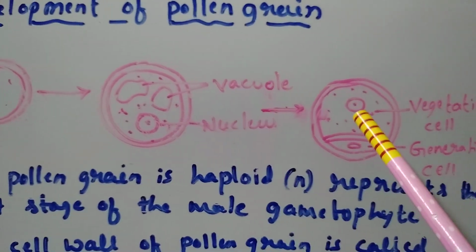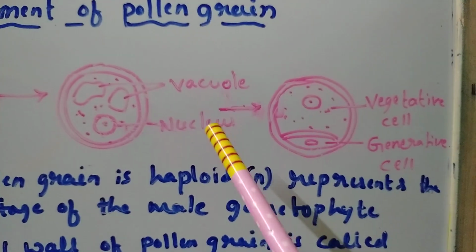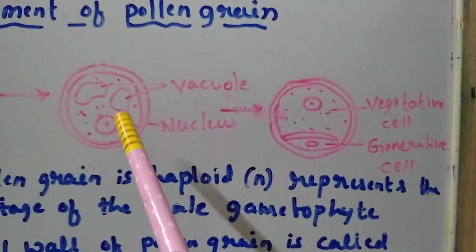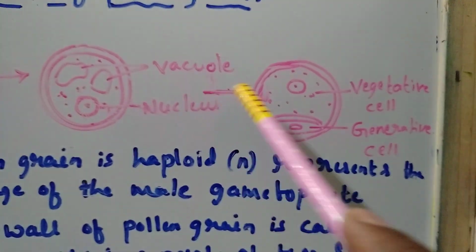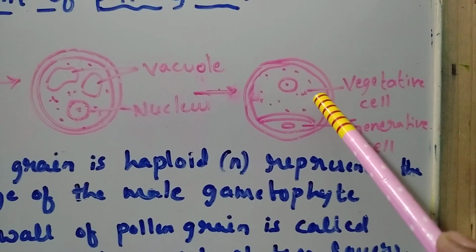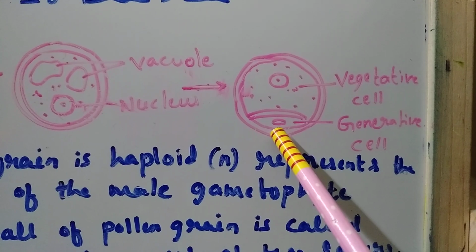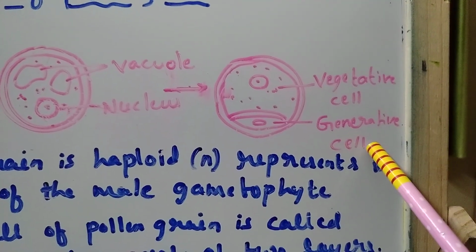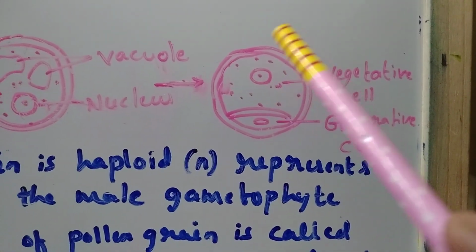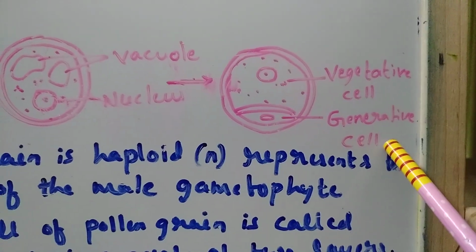In the next stage of development, after this mitotic cell division in the pollen grain, here you can see the presence of two cells. One is the larger vegetative cell and another one is the generative cell. One is the larger cell, another one is the smaller cell.